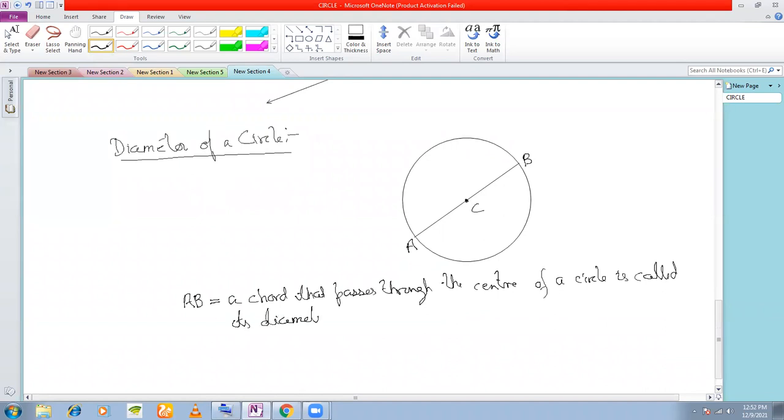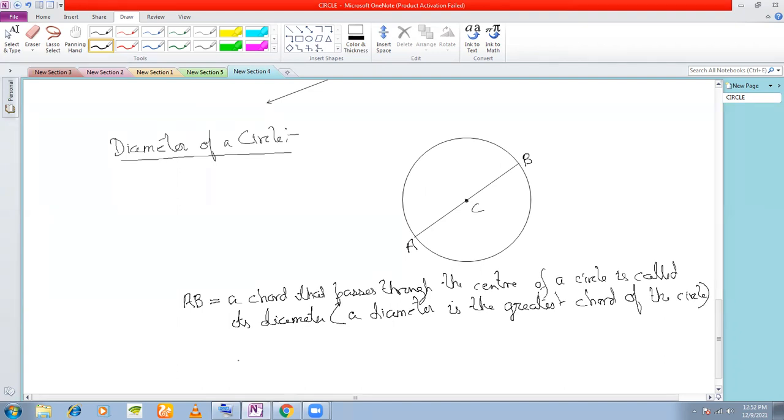Also, what you can know is that a diameter is the greatest chord, a chord of greatest length. All the other chords will be smaller than the diameter. Any other chord that you draw which does not pass through the center will be smaller than the diameter. Diameter is the greatest chord of the circle.